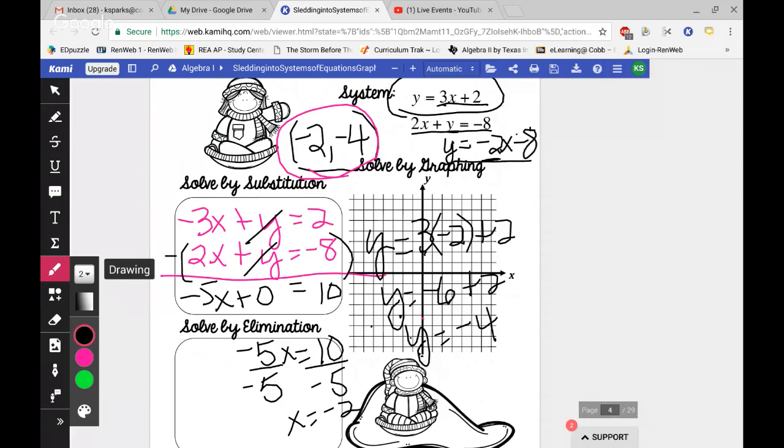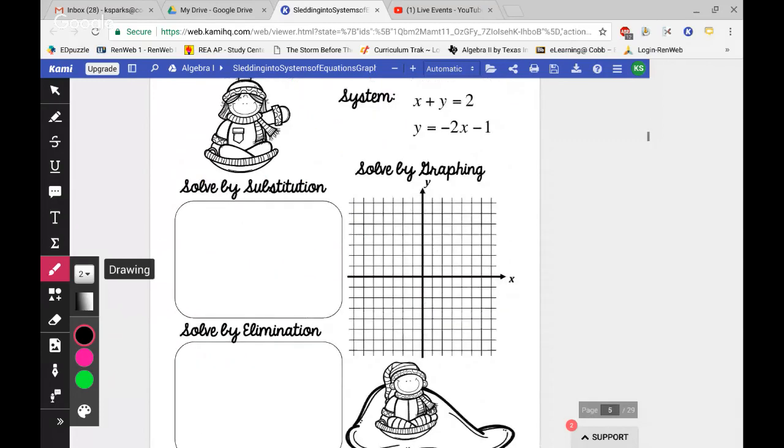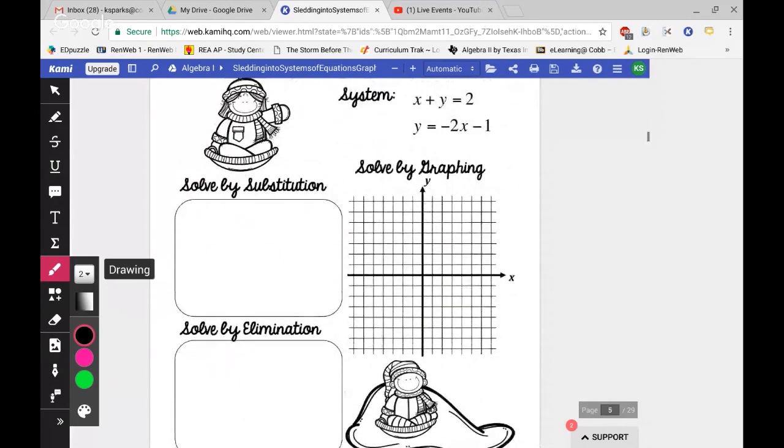So you ready for me to move to the next one? Yes, ma'am. Thank you. All right, this one. We could solve by graphing first if you want to. Do you want to? Sure.